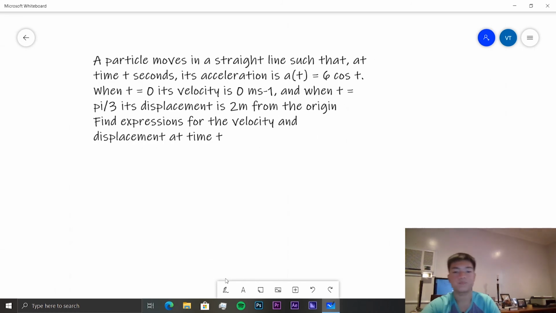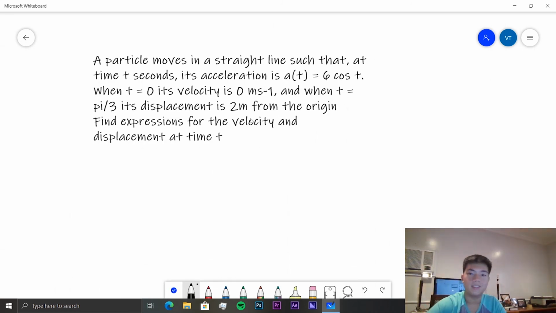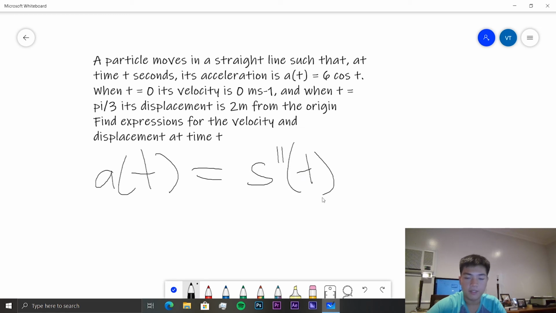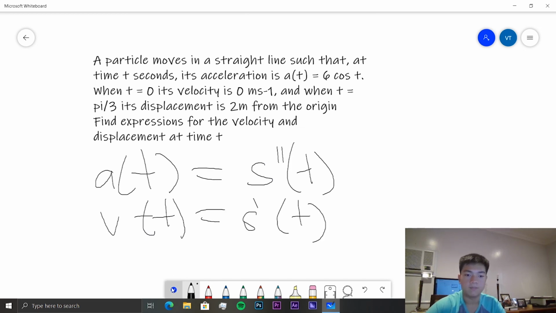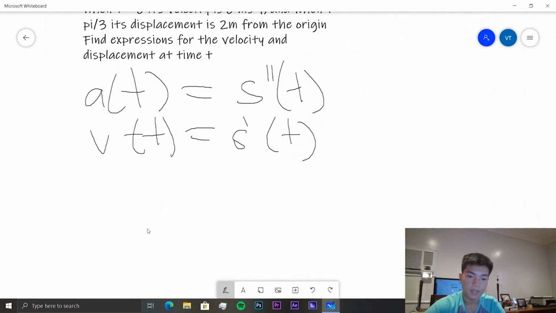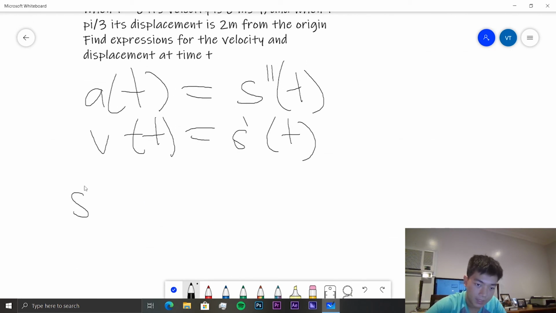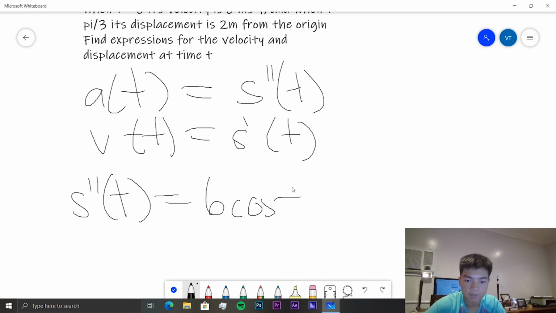Okay, so this is pretty simple because we know that a of t is equal to the second derivative of the displacement function, and v of t is equal to the first derivative of the displacement function. So we have the second derivative is equal to 6 cosine t.